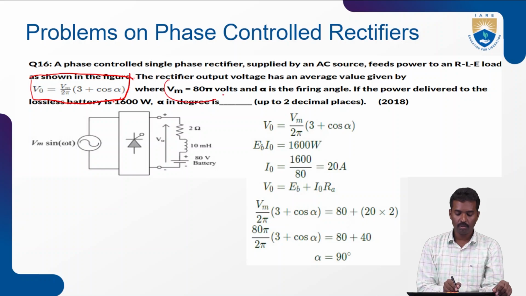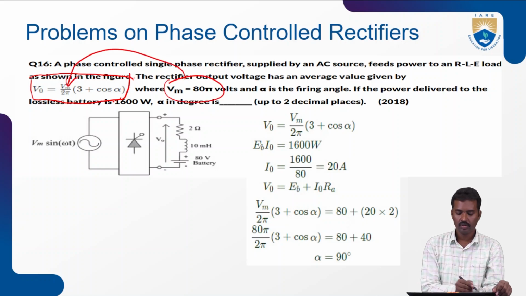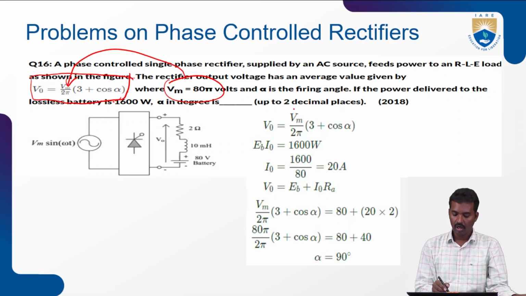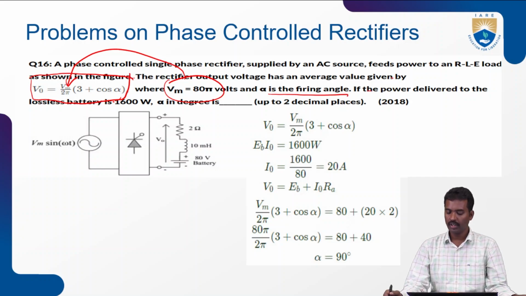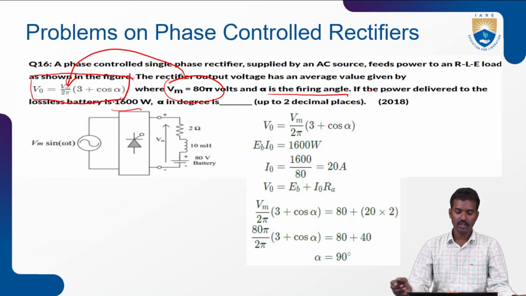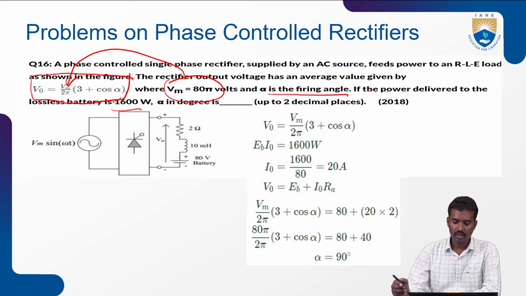Now here Vm is given as 85 volts. Alpha value is the firing angle. The power delivered to the lossless battery is 600 watts. So now here EB into I0. EB value is given, that is 80.